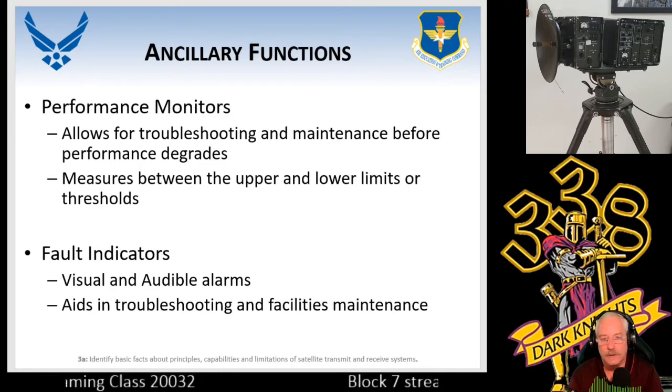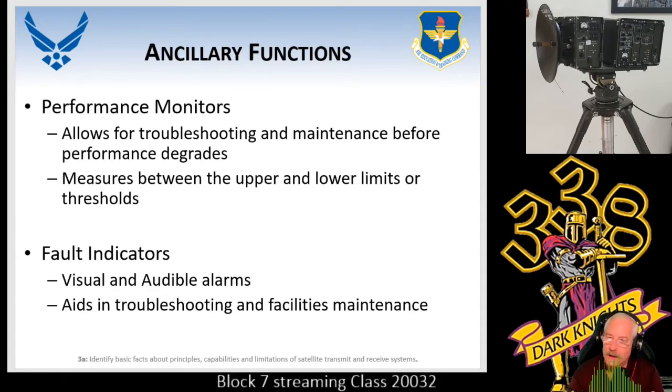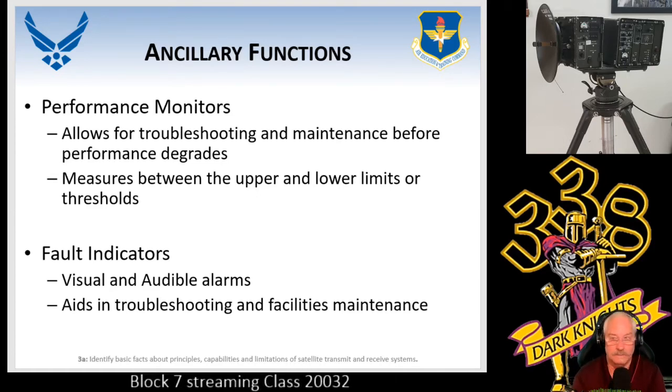For example, when you're looking at the Jerk 239, it has meters. Actually, it has 2 meters, one on each assembly. Then it has a whole bunch of lights. So if one light is on and the TO is saying that light is supposed to be lit, that's a good thing. If the light is on and the TO says it's not supposed to be on, it might be a bad thing. It also falls in the line of fault indicators.